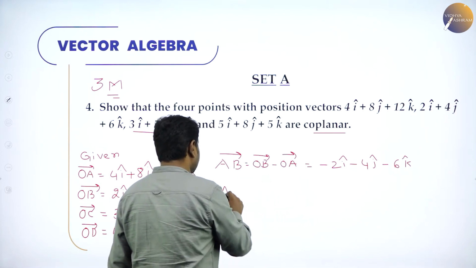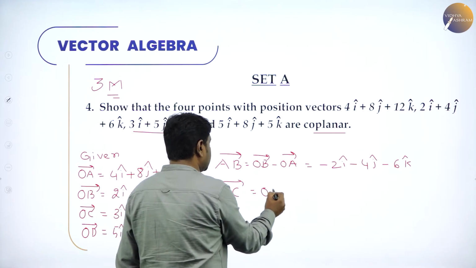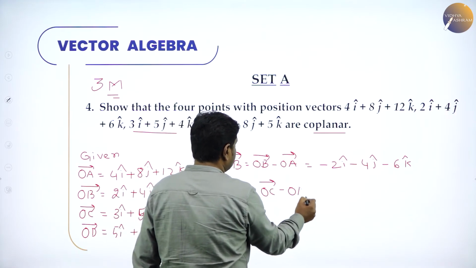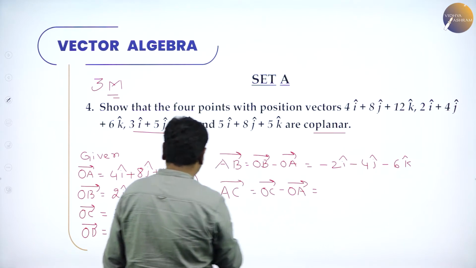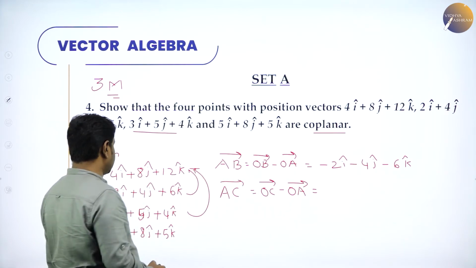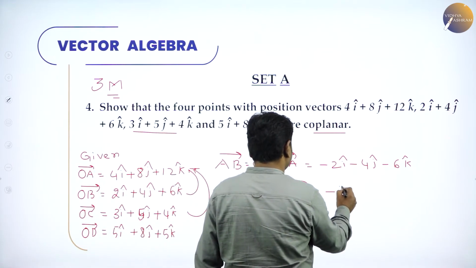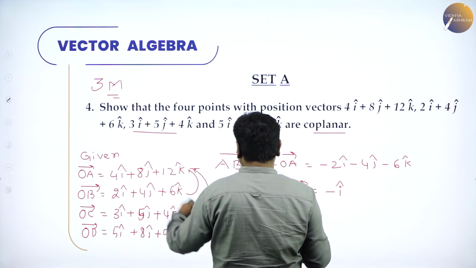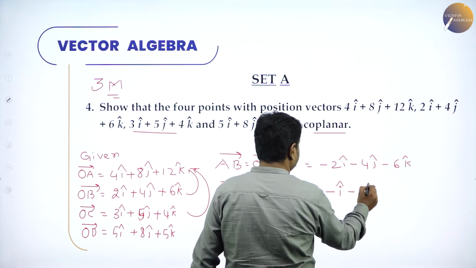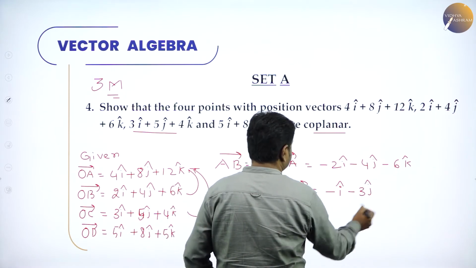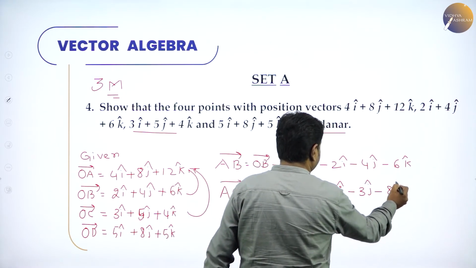Then create AC. What is AC? OC minus OA. That is C minus A. If you do 3 minus 4, 3 minus 4 is minus i cap. Then 5 minus 8 is minus 3j cap. Then 4 minus 12 is minus 8k cap.